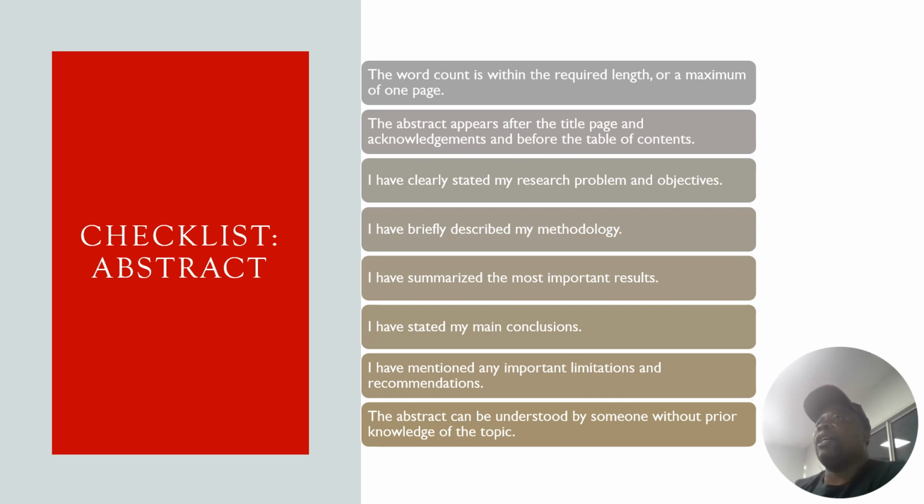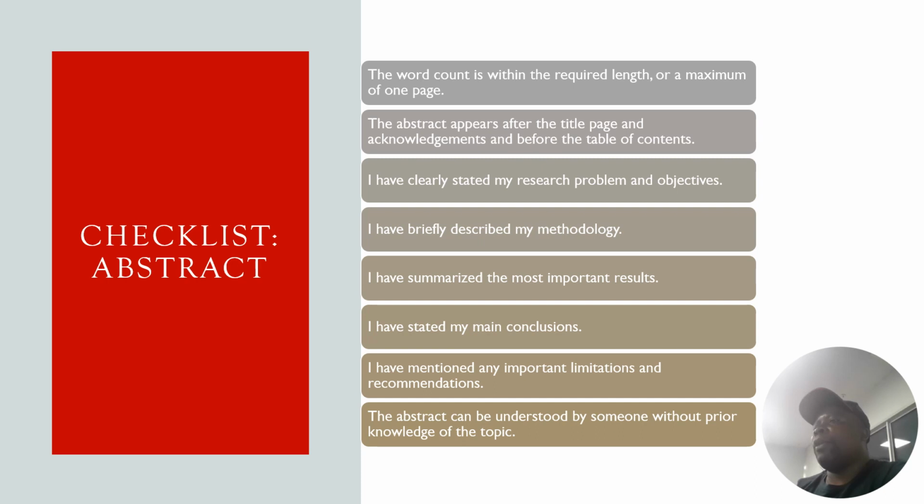You need to check the word count is within the required length, or a maximum number of pages, a maximum of one page, depending on what you have been given to do. The abstract appears after the title page and acknowledgement, or before the table of contents. I have checked it. I have clearly stated my research problem and objective. It's very important.